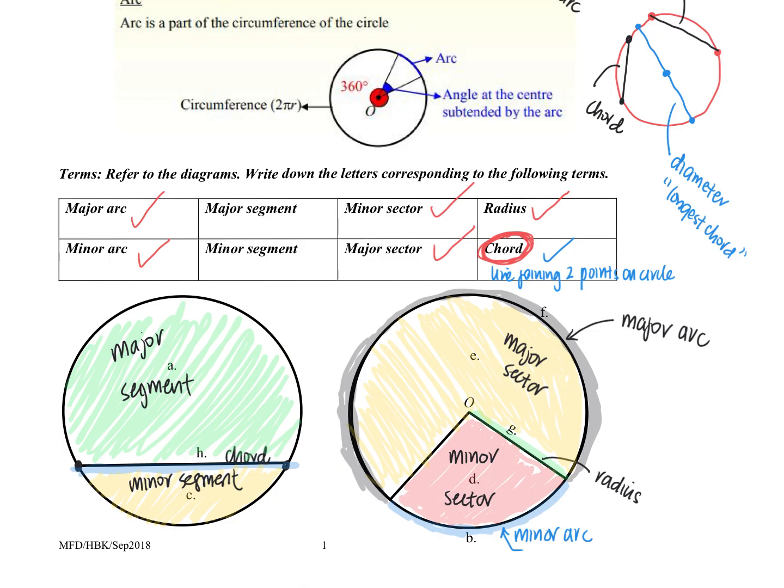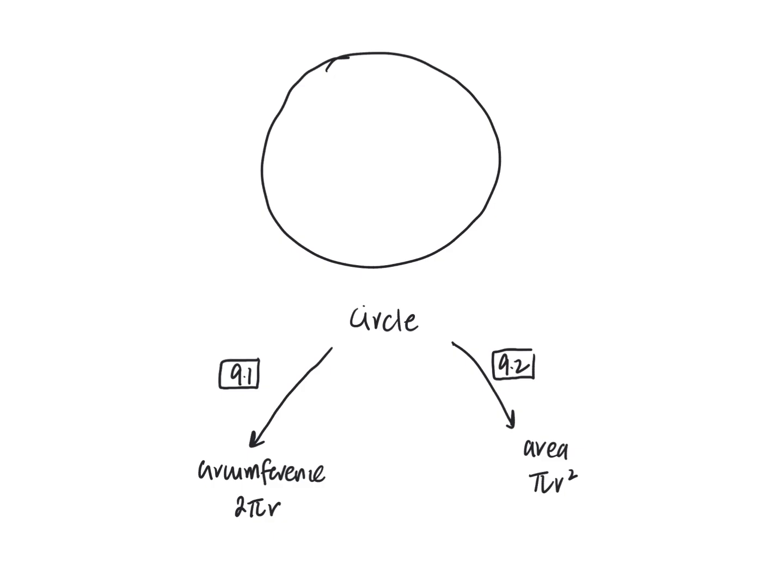Should be quite clear cut. Okay, let's move on. We don't always want the full circle. There are times where we just want part of it. So for example, if I'm only interested in this slice of the circle, can you tell me what is the area of this piece? 1/4 of pi r square.